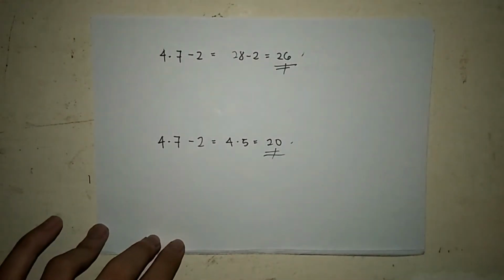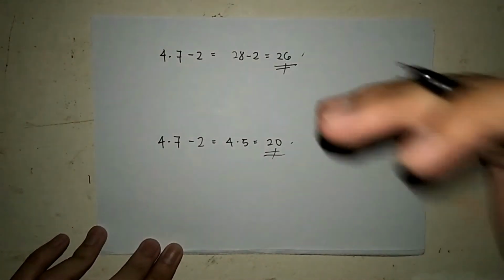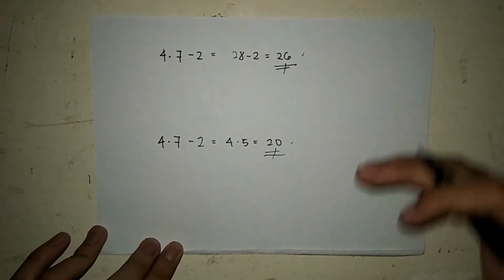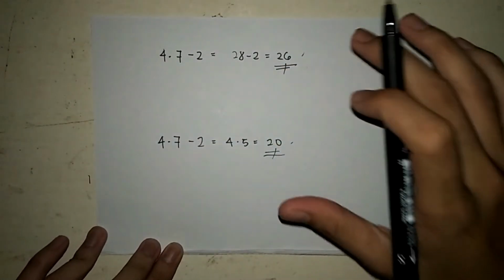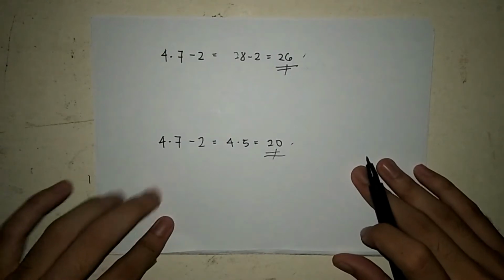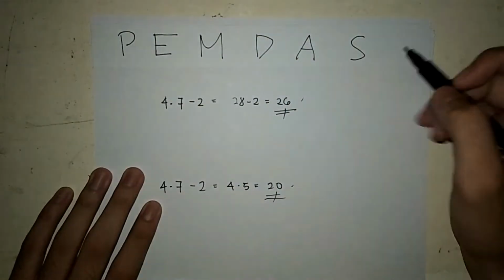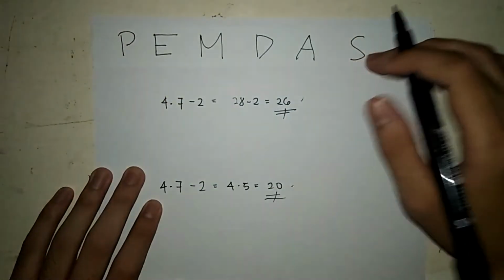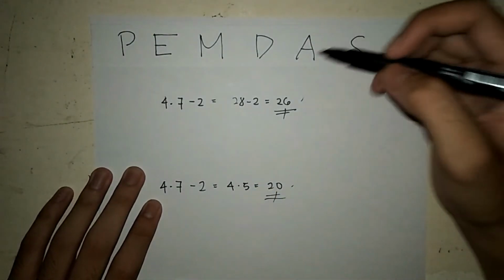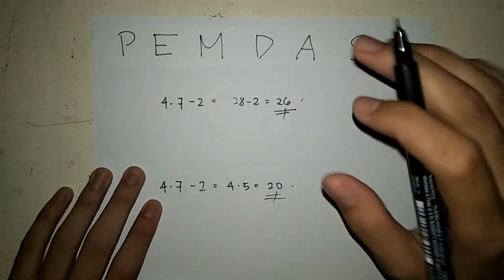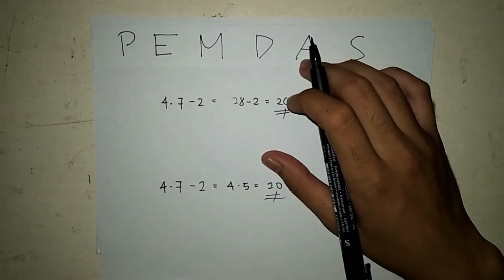So first, we need to understand or we need to learn about ano ba yung process in order to answer this or solve this. So ito lang naman yun. PEMDAS. So yung PEMDAS, ito yung process na paano i-solve yung mathematical expression which has several operations.